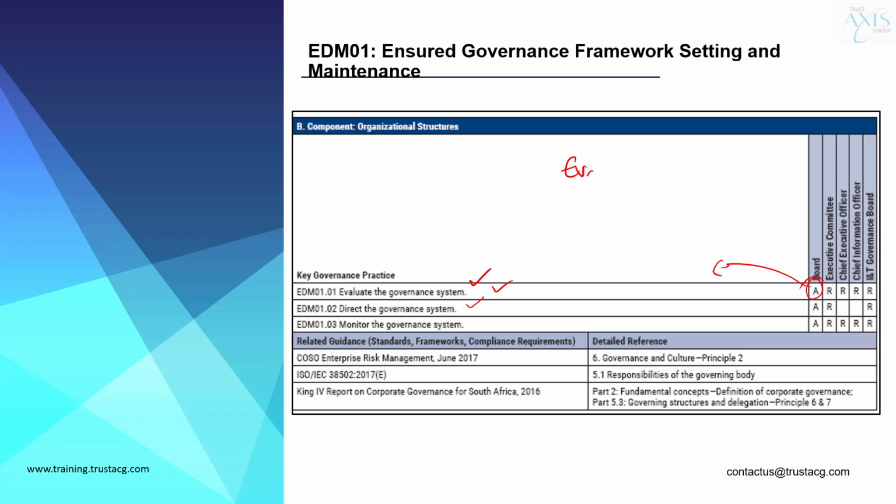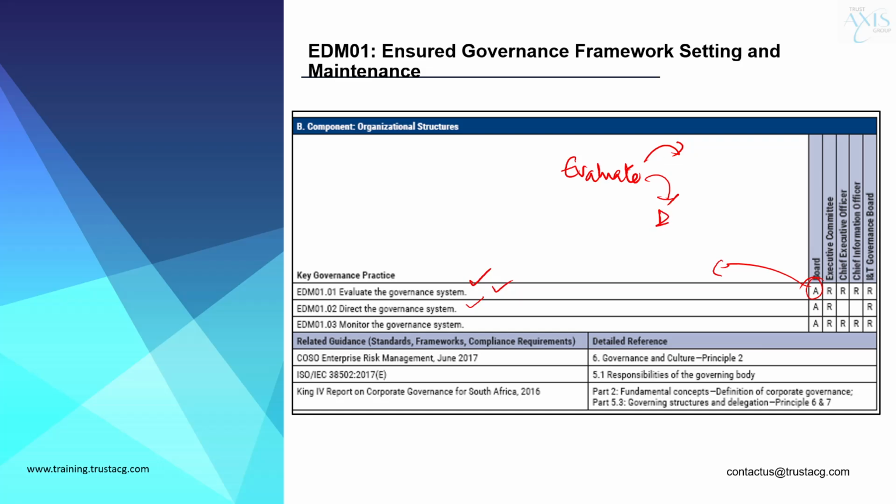So this is a cyclic process where you evaluate how your governance framework is currently defined, and whether it is in line with evolving regulatory, legal, or contractual requirements or the business environment, and whether it is equipped to meet these evolving requirements.